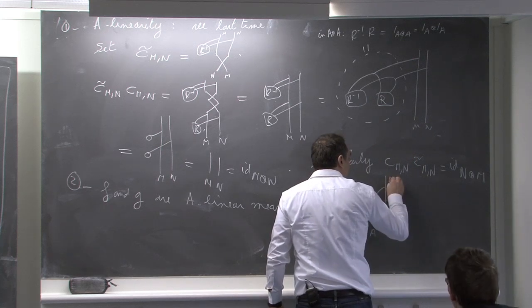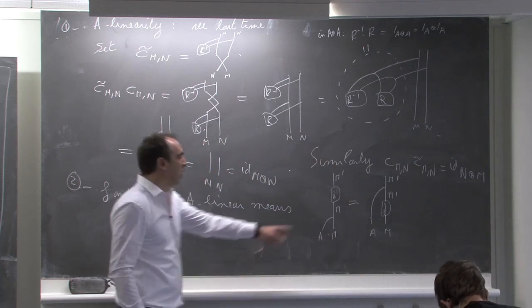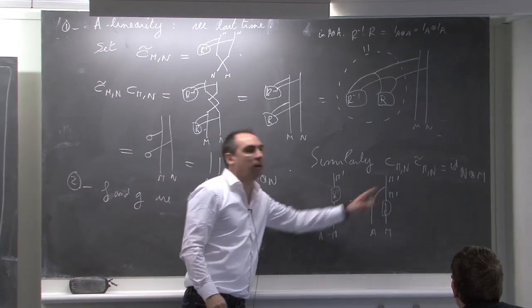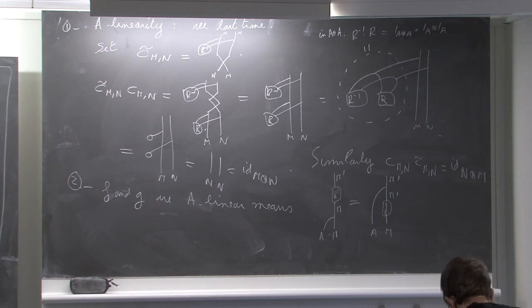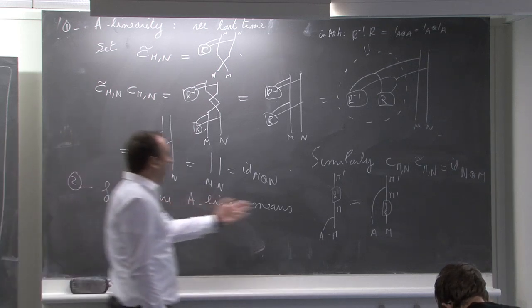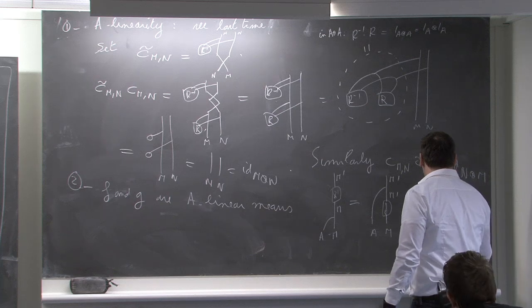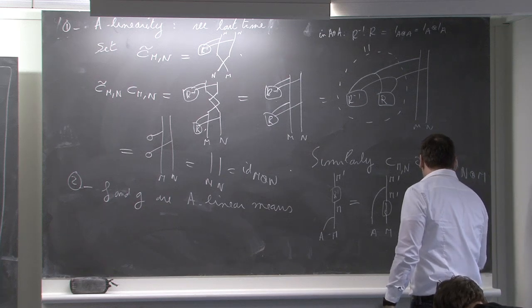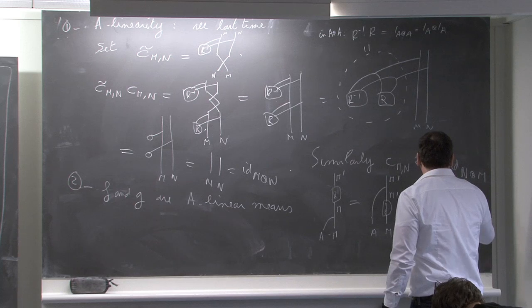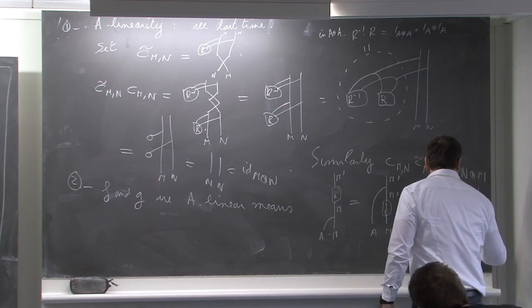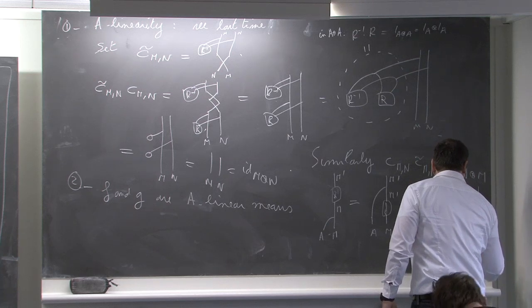Here is the action of M, this is the action of M prime. So for F to be A-linear means this, and similarly for G, with N, N prime, and the action of A.